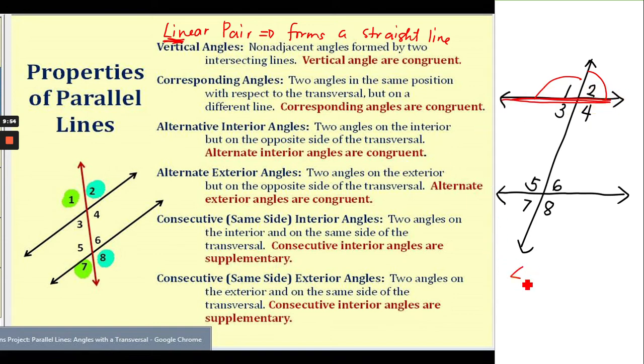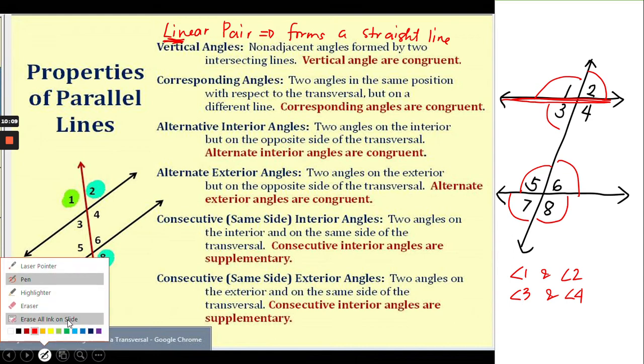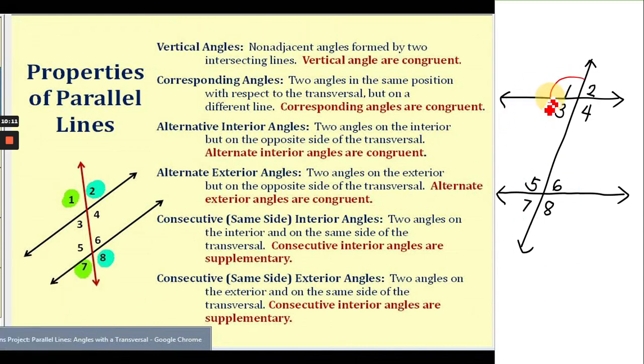So angle 1 and angle 2, angle 3 and angle 4, angle 5 and angle 6, angle 7 and angle 8. Okay, aside from that, we can also say that angle 1 and angle 3 are also linear pair, angle 5 and angle 7 are also linear pair, 6 and 8 are also linear pairs, 2 and 4 are also linear pairs.